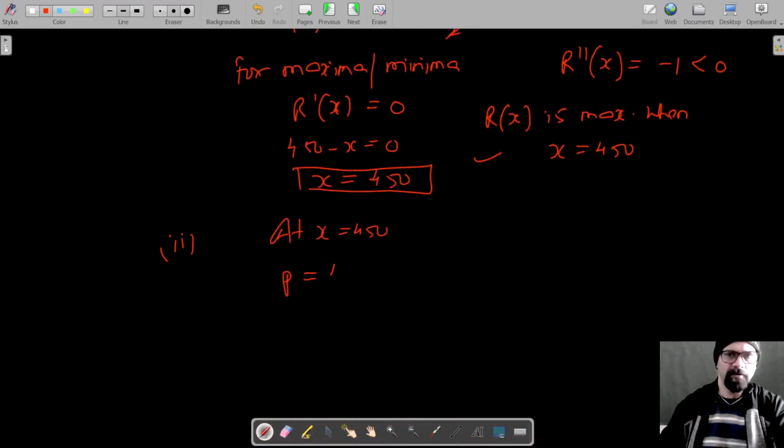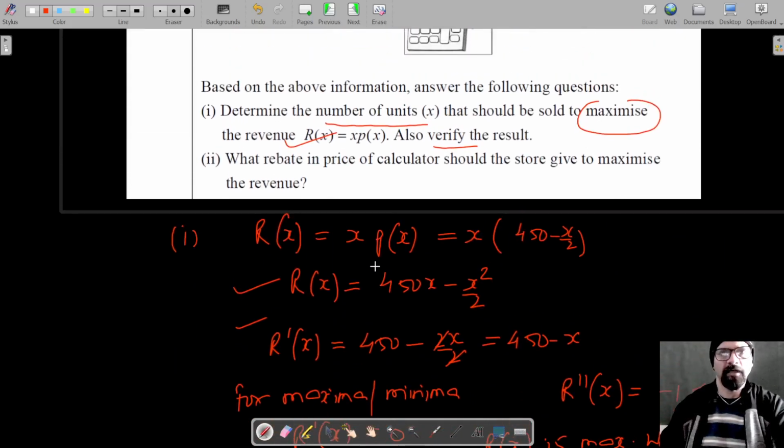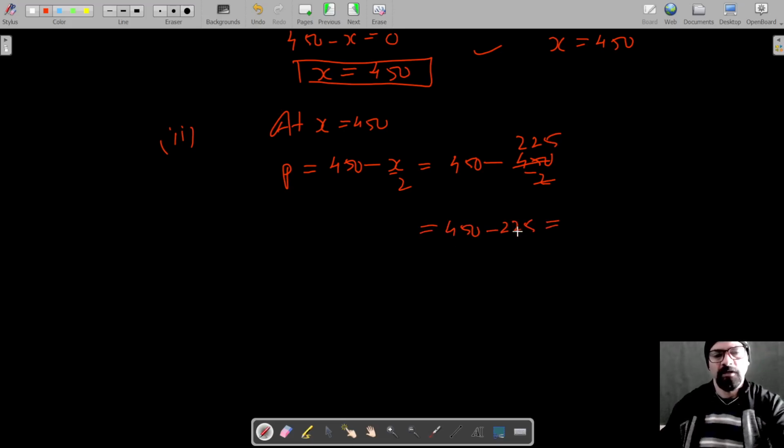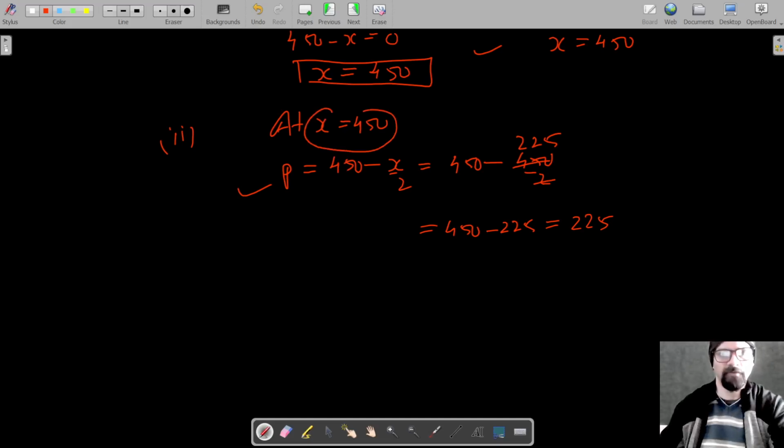So the price of a calculator is 450 minus x by 2, and x is 450, so x by 2 is 225. So this is 450 minus 225, which is 225. This is the price at which the store should sell a single calculator, and the number of units sold should be 450 to get the maximum revenue.